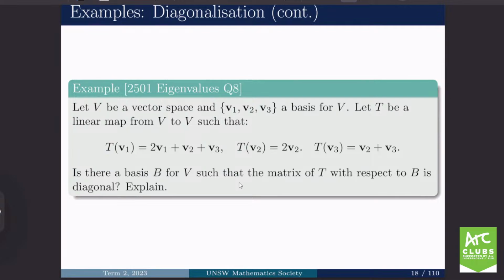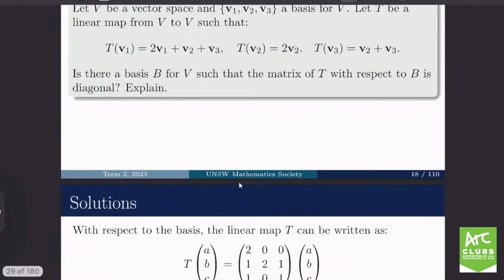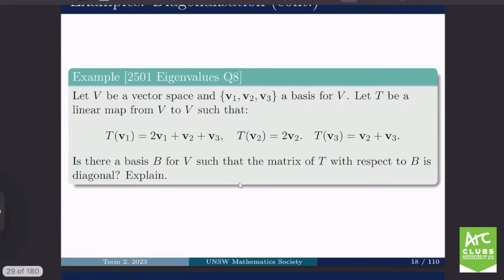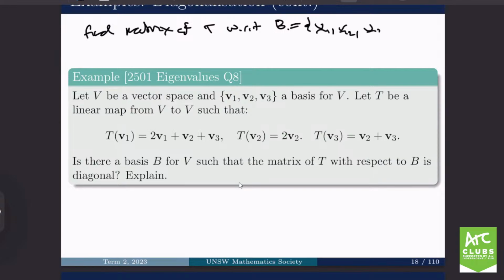Is there a basis for B such that the matrix of T with respect to B is diagonal? Explain. So first of all, let's find the matrix of T with respect to basis B, which is V1, V2, and V3.